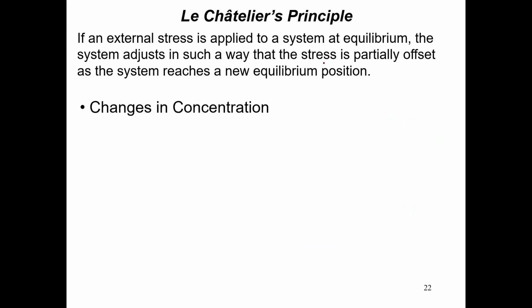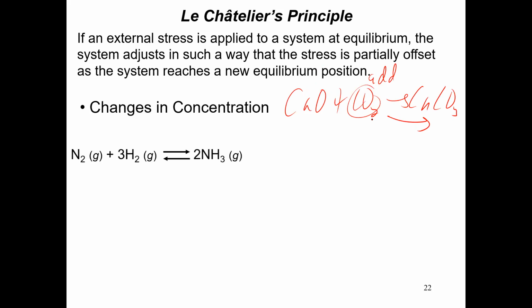For example, if you have calcium oxide plus CO2 going to calcium carbonate, if you add CO2 to this, it'll force it to go in that direction. That's a changing of the concentration to force it to go in a certain direction.